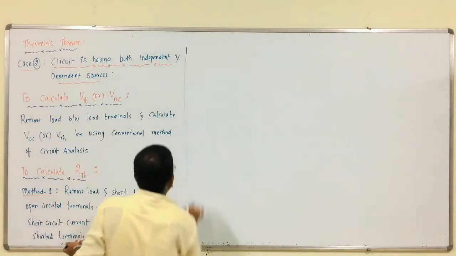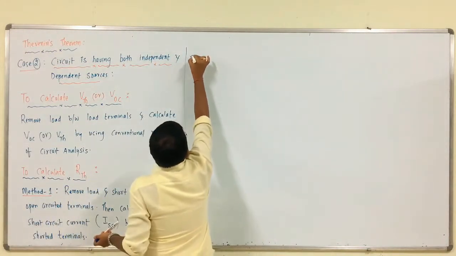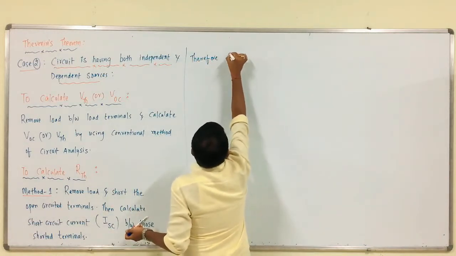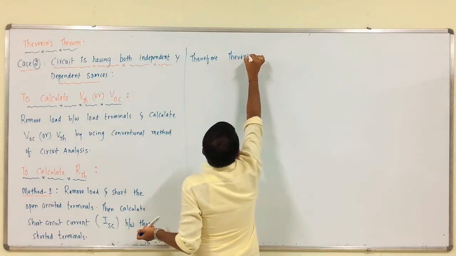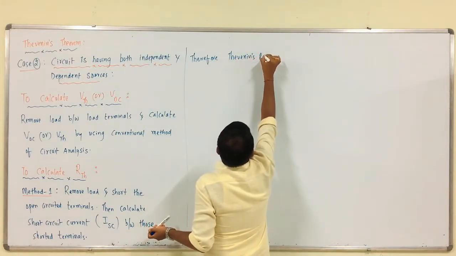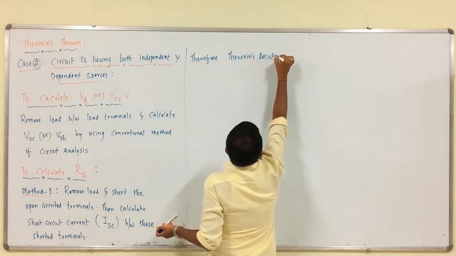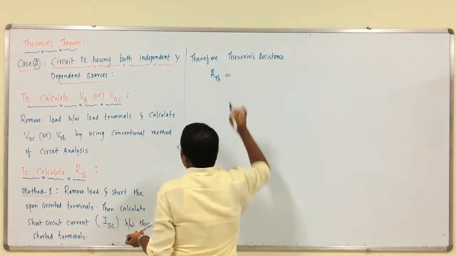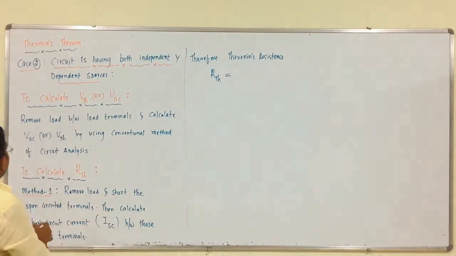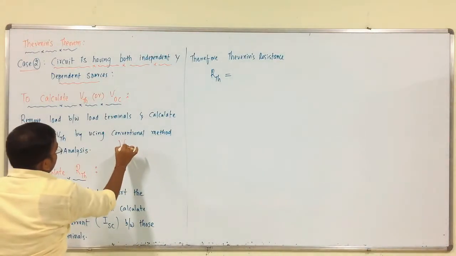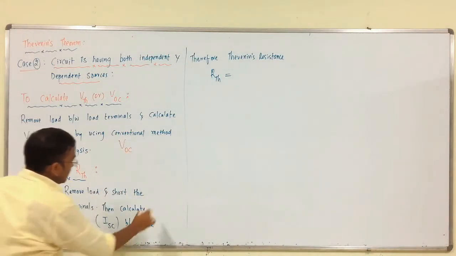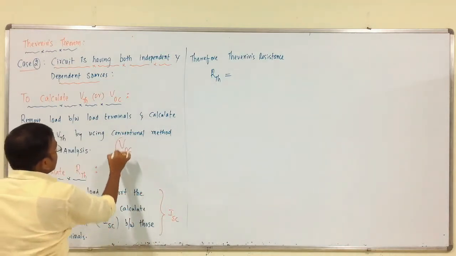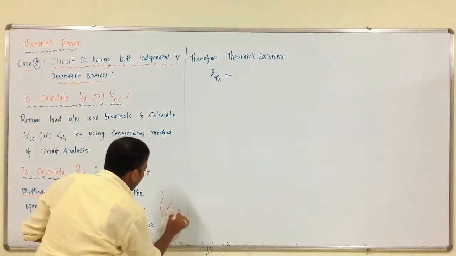Therefore, Thevenin's resistance RTH is equal to, from this we have VOC, from this we have ISC, right?